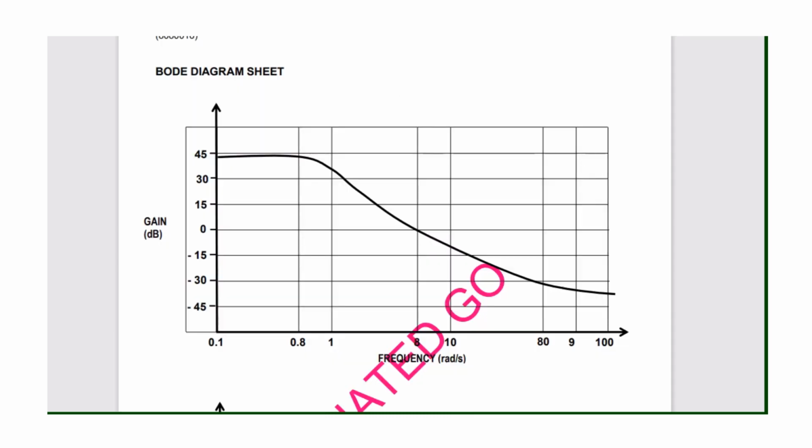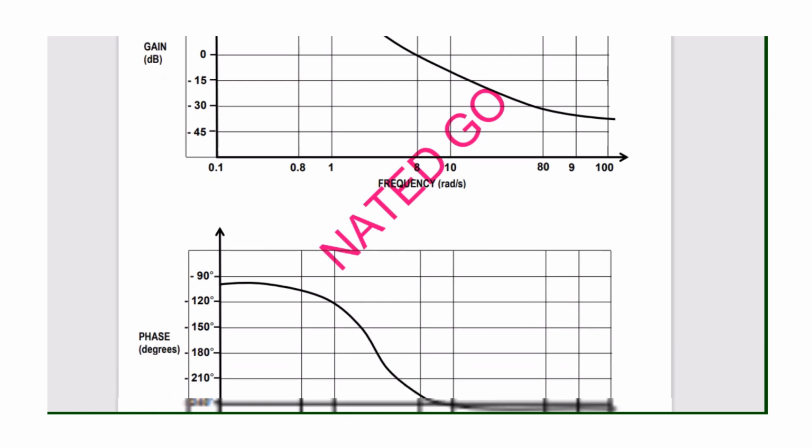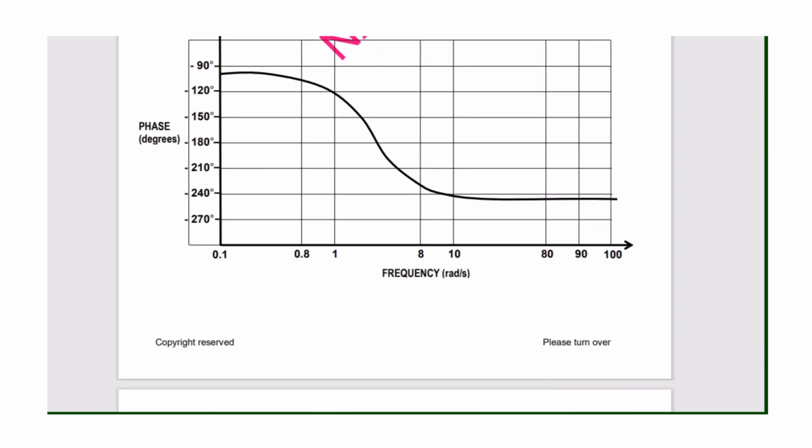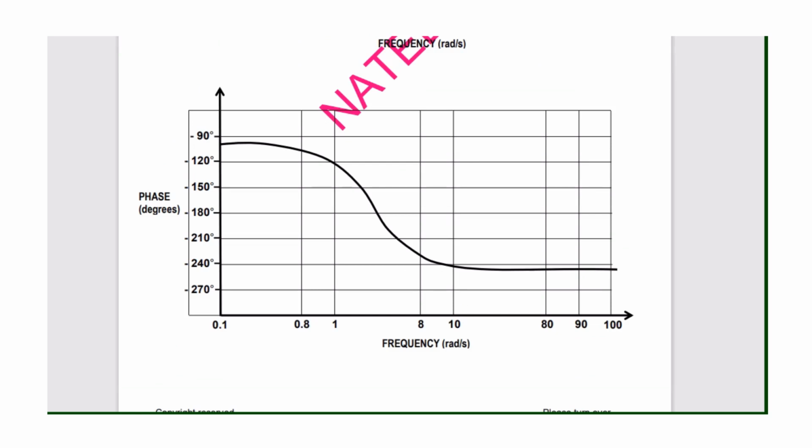If you check on your screen there, I have gain on my y-axis and frequency. So this is gain and frequency on one plot. Then you have another graph which is phase and frequency.